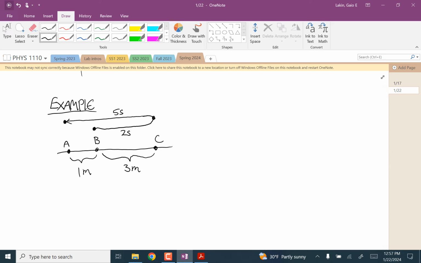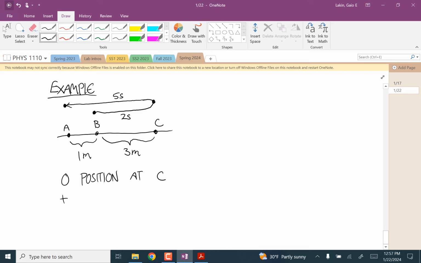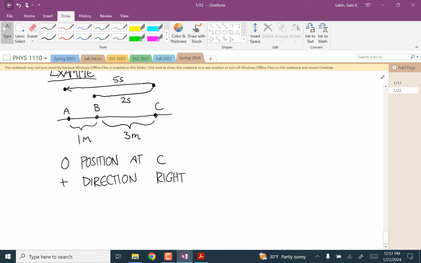So now let's say we're going to choose our 0 position at C, the positive direction to the right, and time equals 0 is going to be at the start of the motion.